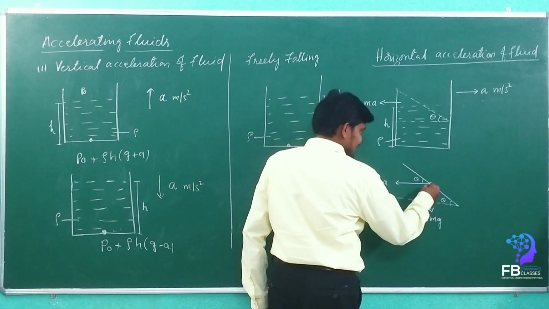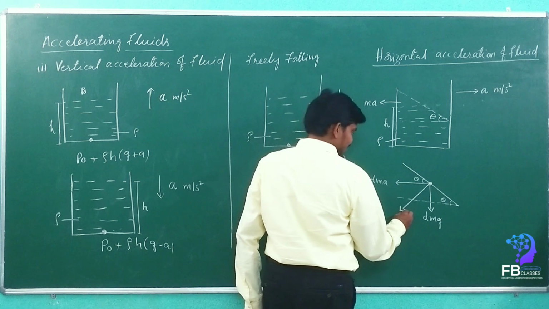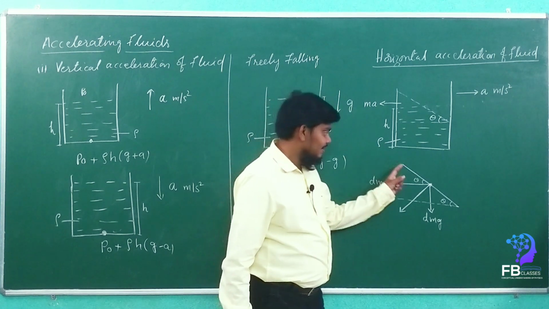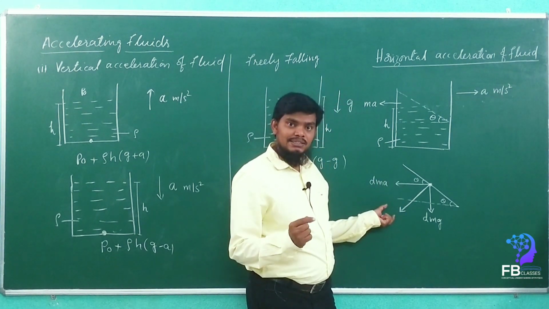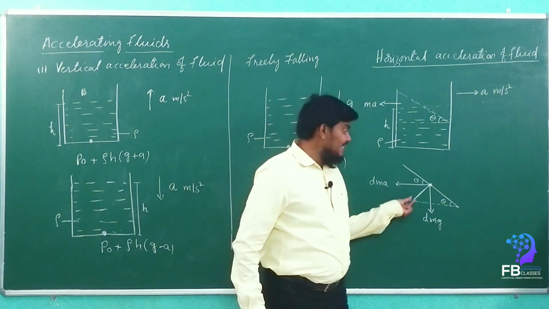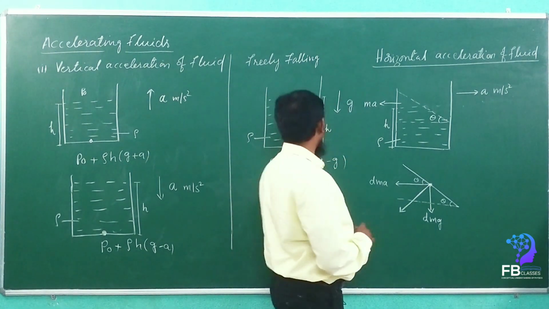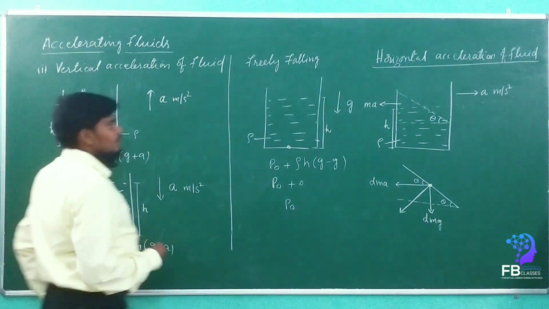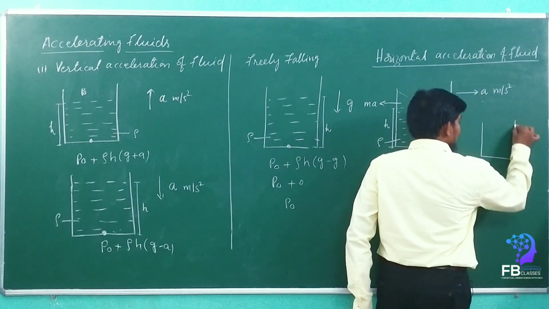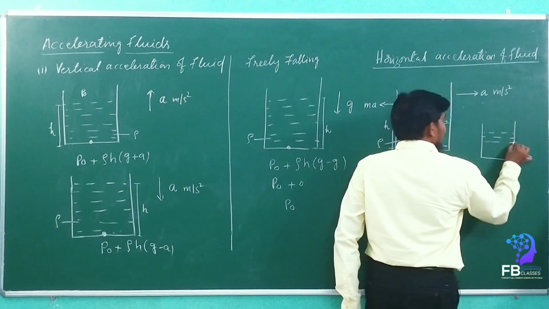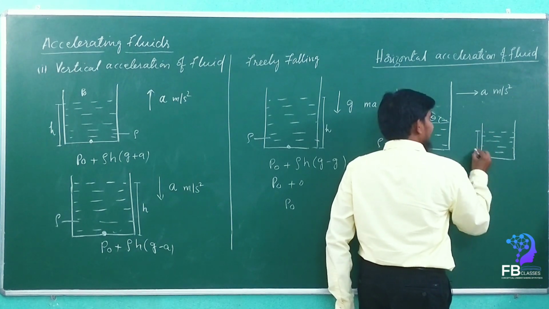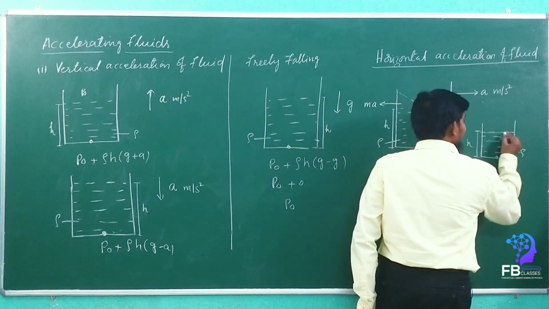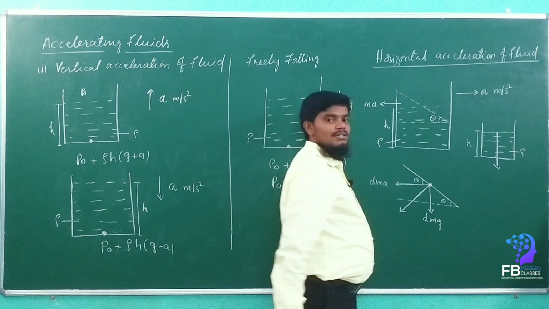So now the effective mg is going to act in this direction. It is perpendicular to the surface of the liquid. Always the net force acts perpendicular to the surface. Yes or no? When we write here P naught plus rho g h, for example, if the liquid is at rest, not moving at all, and the height is h and density is rho, then if you want to write the pressure here, we take the g value perpendicular to the surface of the liquid.